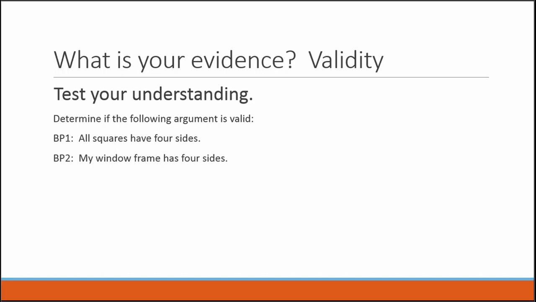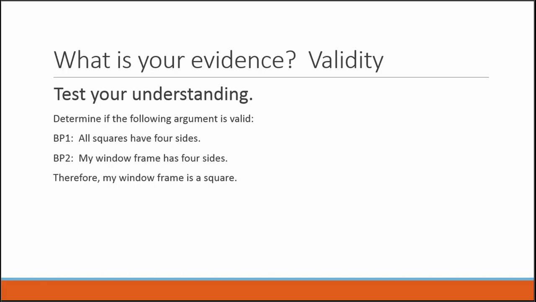Premise 2, my window frame has 4 sides. Therefore, we infer my window frame is a square. So ask yourself, if all these premises are true, is it possible for the conclusion to be false? I'm temporarily assuming that premise 1 and premise 2 are true. Would it be possible for the conclusion to be false?